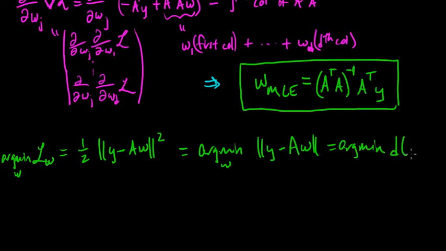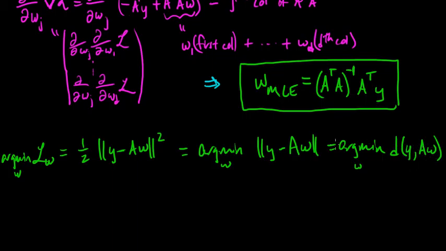I'll just put it this way: D is the Euclidean distance. So this w that we solved for is the w that gets you as close as possible to y.